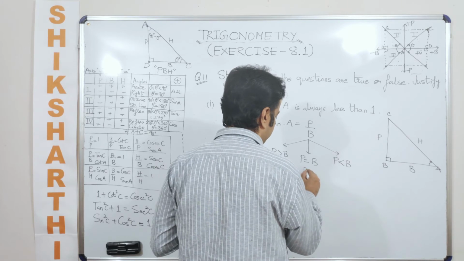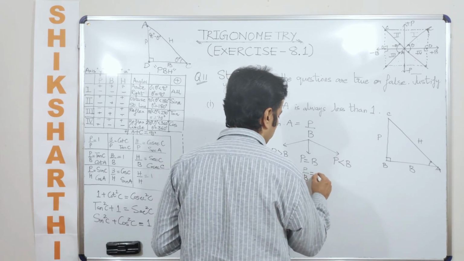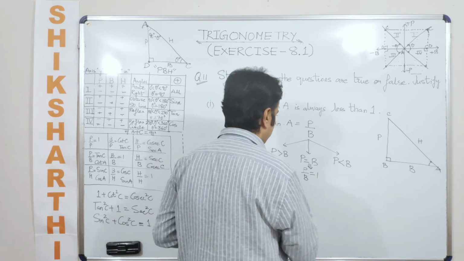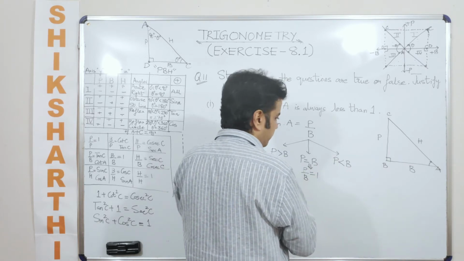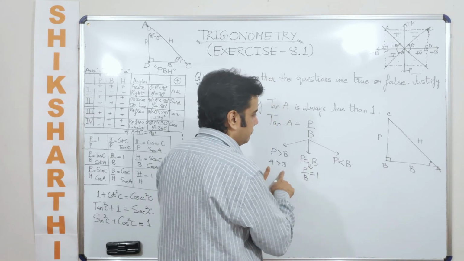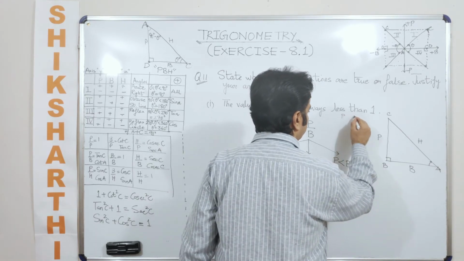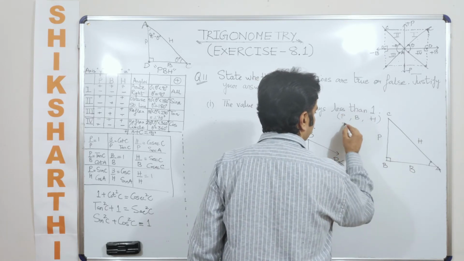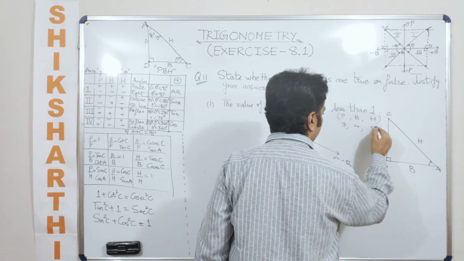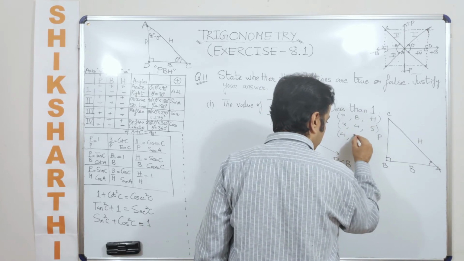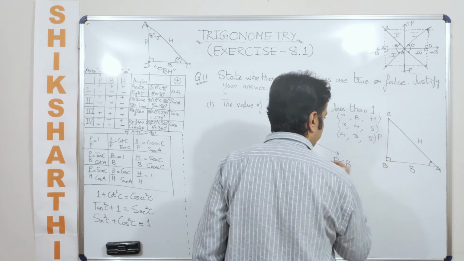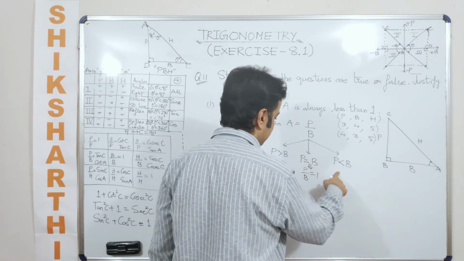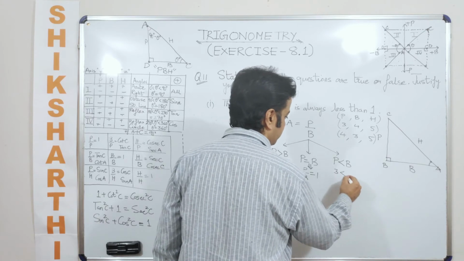And here I can take a triangle like 3, 4, 5, a Pythagorean triplet. We are taking the values of P, B, H. One case I am taking as 3, 4, 5, the other case as 4, 3, 5. In one case I have taken the perpendicular as 4 and the base as 3, and in the other the perpendicular as 3 and the base as 4.